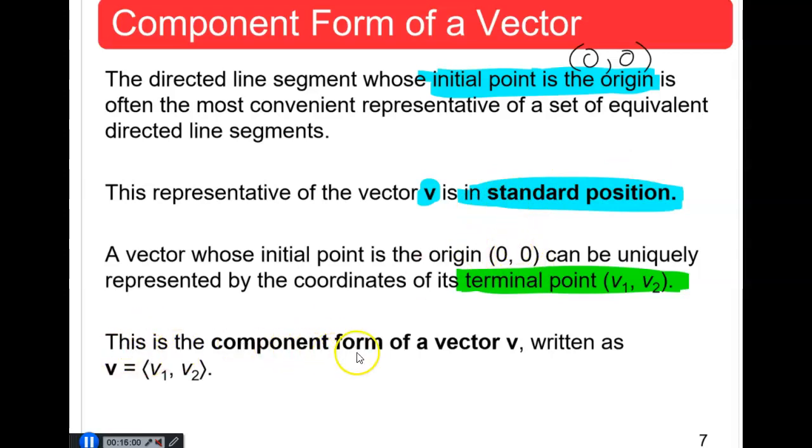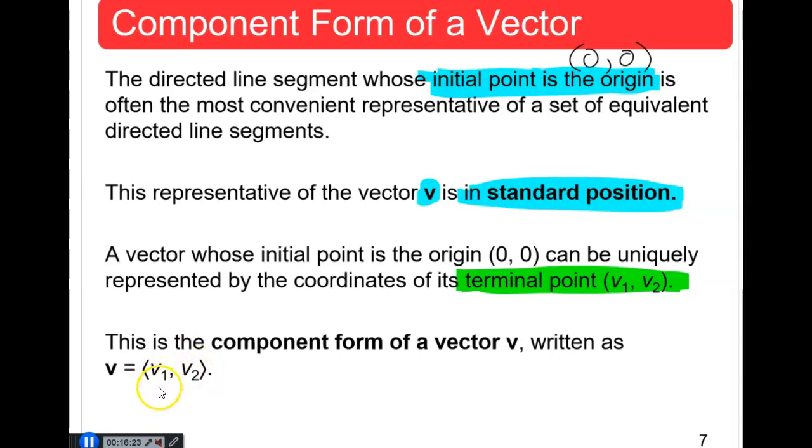This is the component form of a vector v, written as v equals, remember here with the lowercase bolded letter, and then we have the horizontal component, which is v sub 1, and then the vertical component, which is v sub 2.